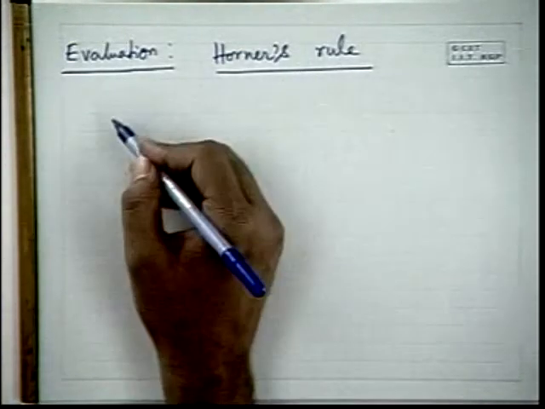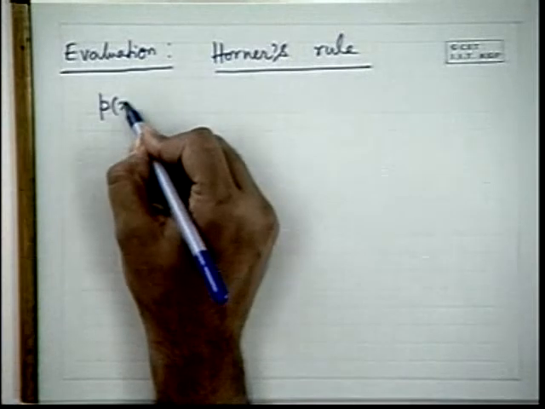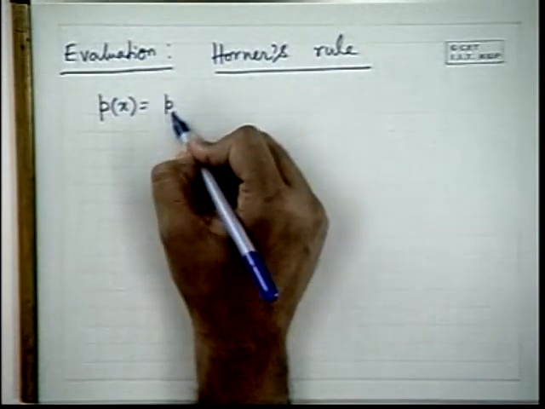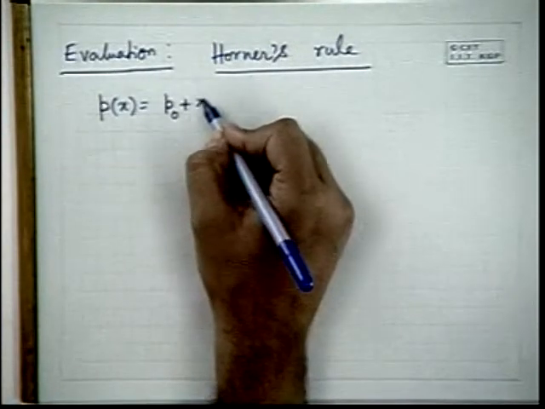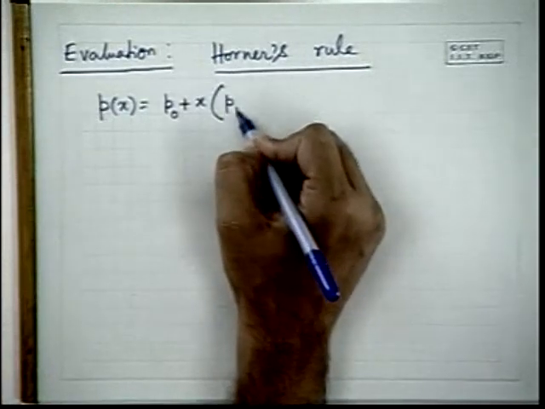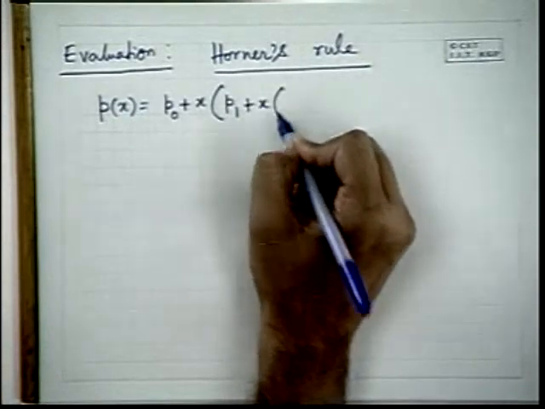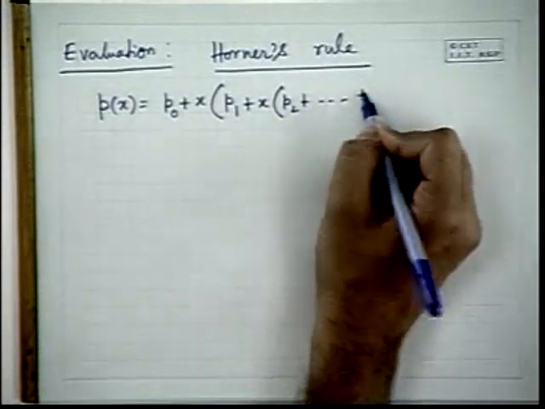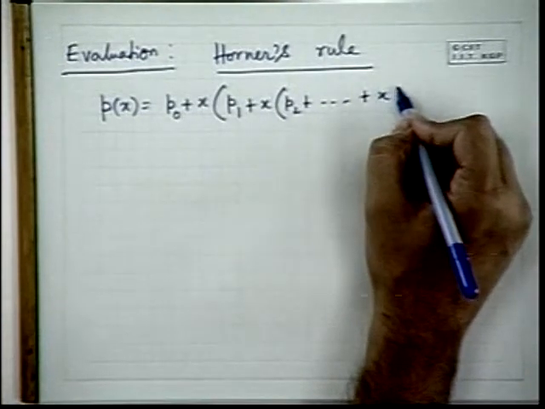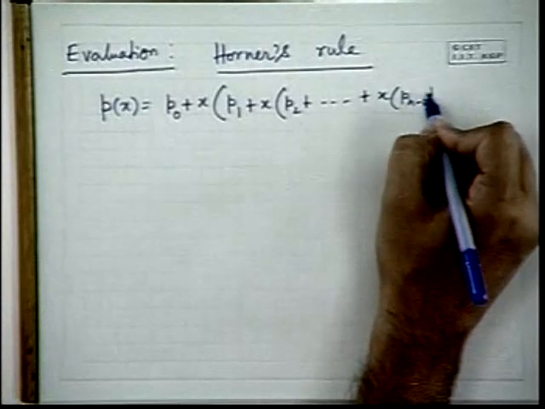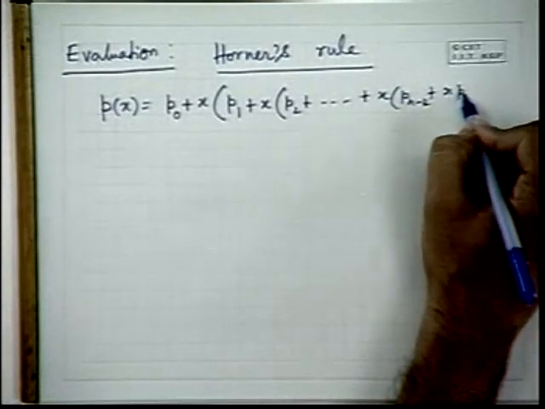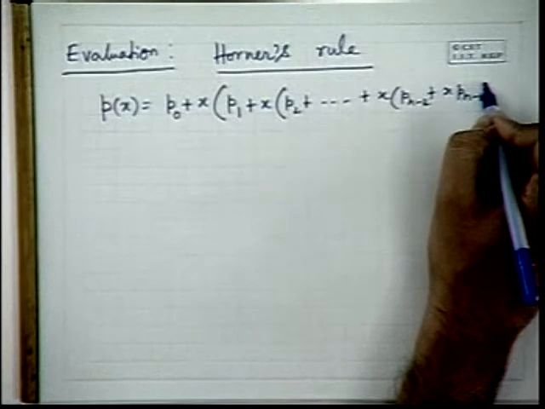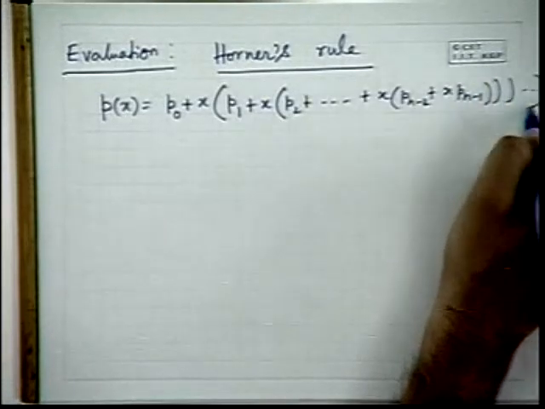So how would you evaluate? p of x you can write as p0 plus x times (p1 plus x times (p2 plus, and it goes on like this, up to pn minus 2 plus x times pn minus 1)), then you close all the brackets.